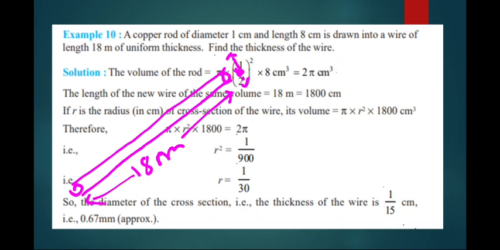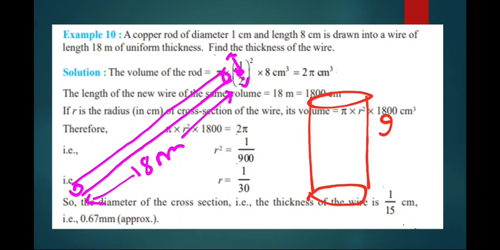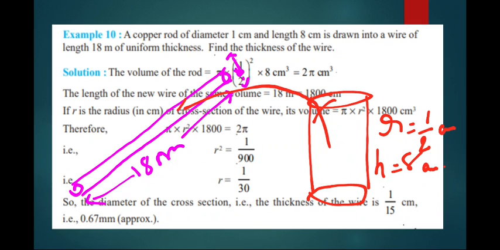Now this wire is converted from the shape of the copper rod, where radius is equal to 1/2 centimeter and length, that is height, is equal to 8 centimeter. Since you have converted this figure to this figure, the volume of this figure is equal to the volume of this figure, right?